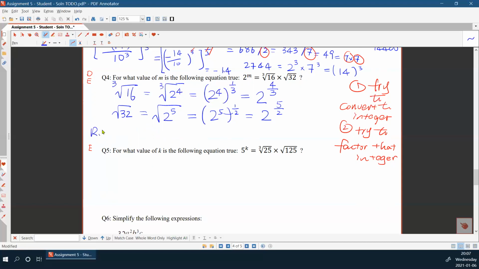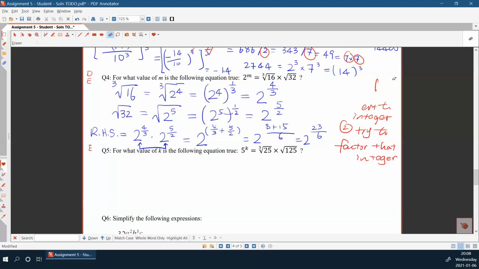Okay, so the right-hand side is actually 2 to the 4 over 3 power times 2 to the 5 over 2 power, which is, when the base is the same, we can combine these two items, right? Which is 2 to the 4 over 3 plus 5 over 2's power, right? This is actually 6. And 8 plus 15, which is 2 to the 23 over 6 power, right? This is the right-hand side. That means 2 to the m's power.